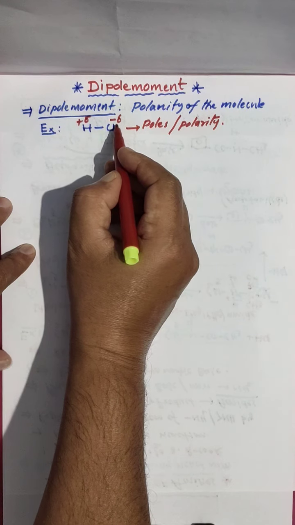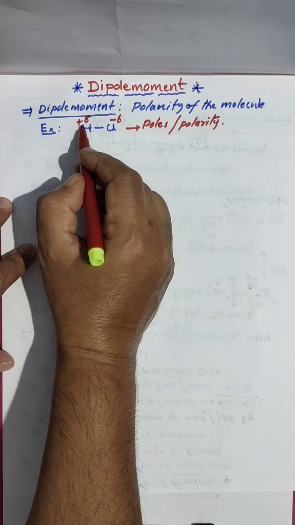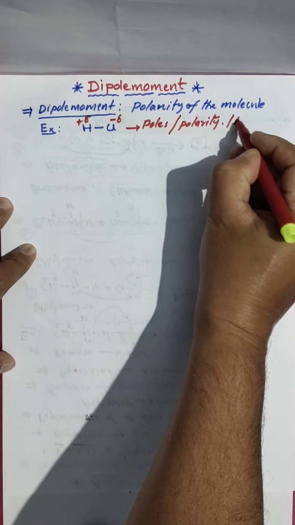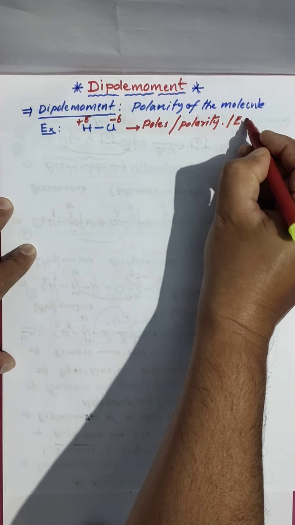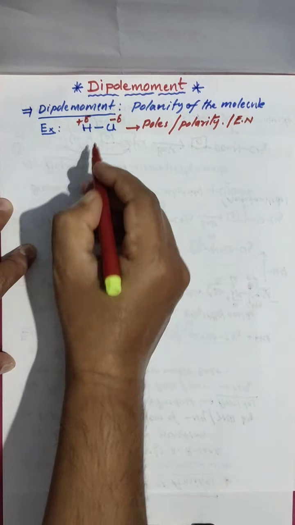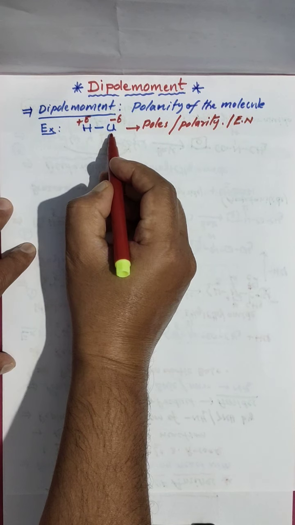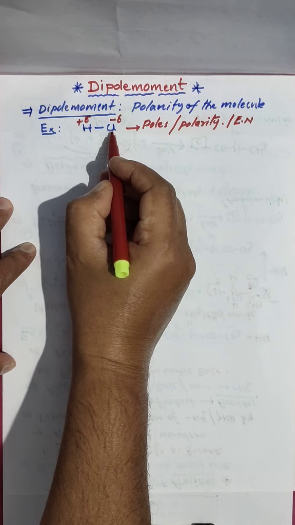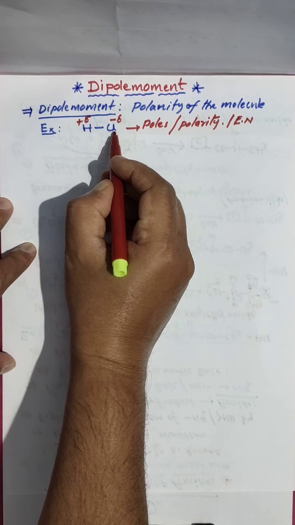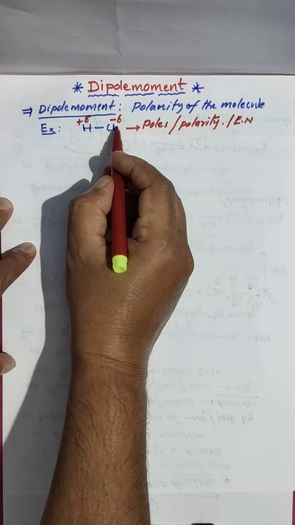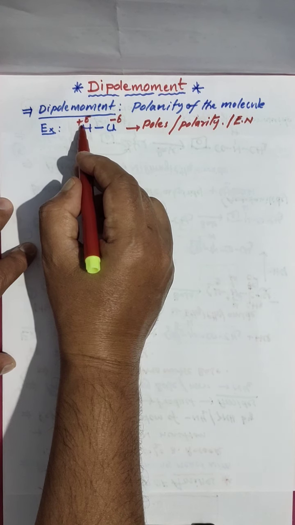Why one temporary negative and one temporary positive? Due to electronegativity difference. This is a covalent bond, but chlorine is more electronegative. It will pull the electron towards itself a little bit more than hydrogen. That's why there is a temporary negative charge and a temporary positive charge.